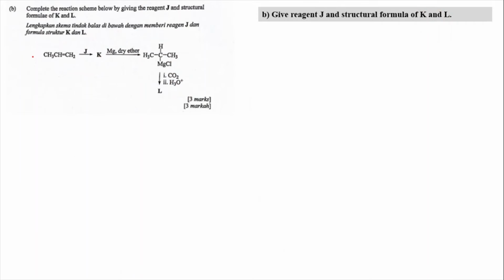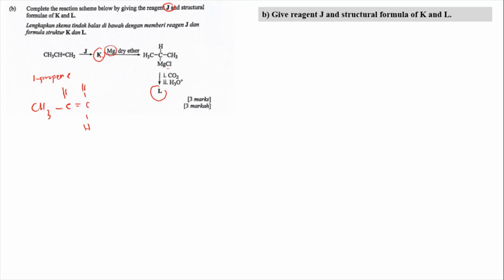For question 6B, we need to complete the reaction scheme by giving the reagent J and then the structural formula of K and L. Okay, so here it is an alkene, which is 1-propene. And then we're going to be producing K. And then our K here will undergo a reaction with magnesium in dry ether in order to form MgCl.